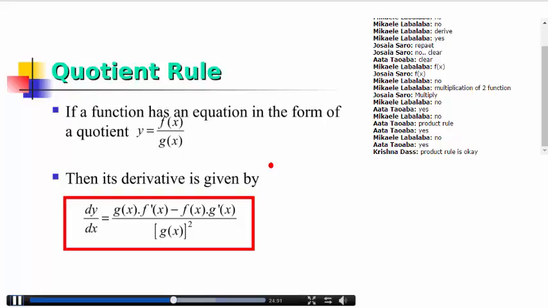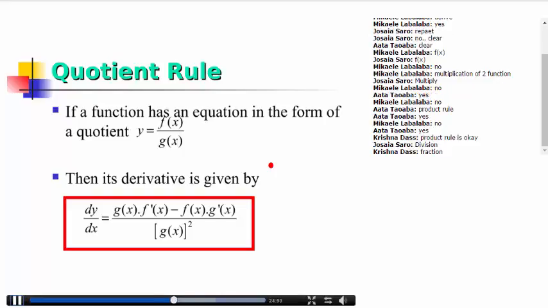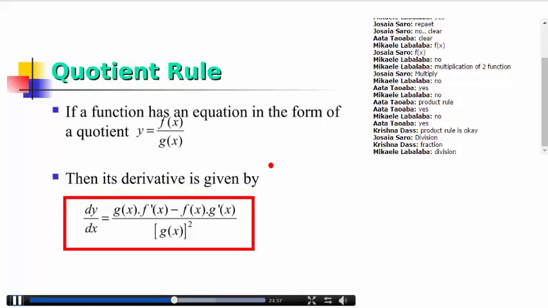Anyone, any idea? Yeah, either we say division or a fraction, that's the same thing. So whenever we have a function in the form of division, whereby one function is in the numerator, the other one is in the denominator.